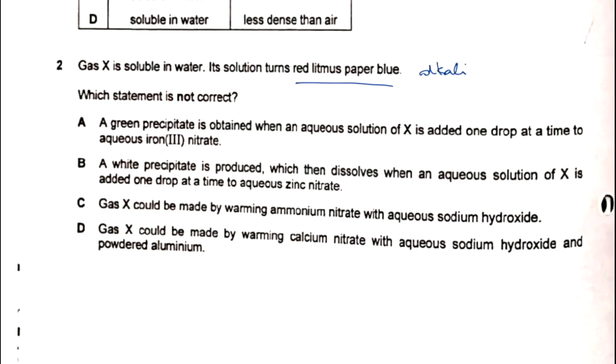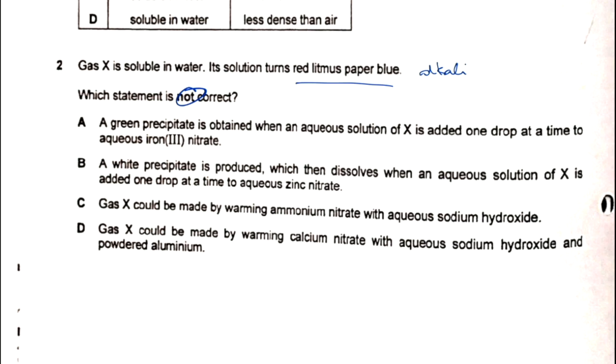Warming ammonium nitrate with sodium hydroxide. Okay, so red becoming blue is an alkali. Which one is not correct? Which gas is alkali? What's the gas that you learn of that is alkali?